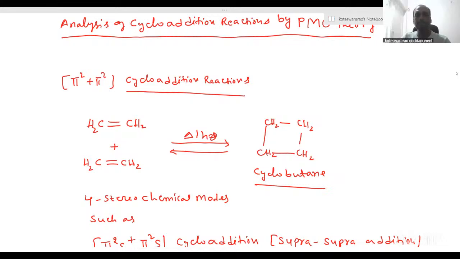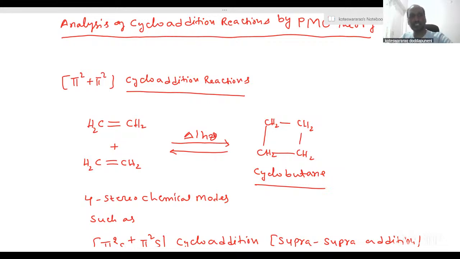Yes. Sir, in the previous class, when we consider n equal to 1, like 4 pi electrons, when n is 1, does the thermal and photo reaction take place? Only in the case of n equal to 1, that condition is explained by the theory. Have you seen my screen?